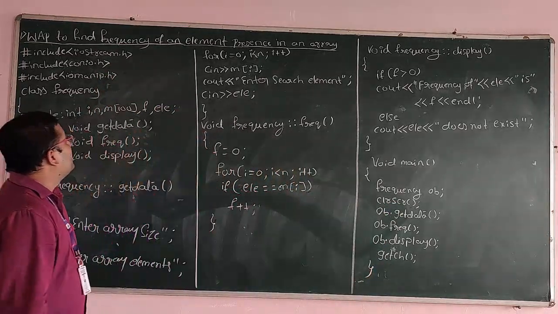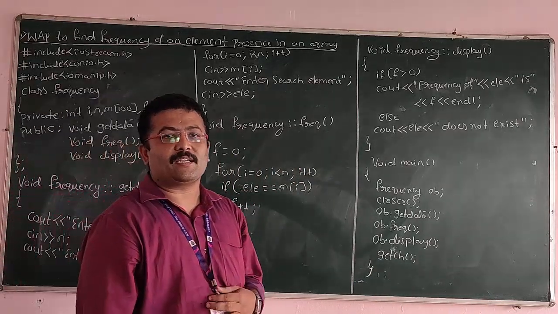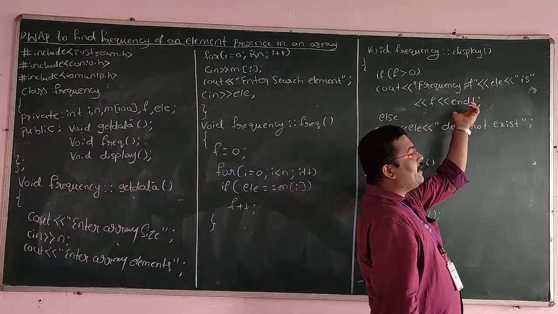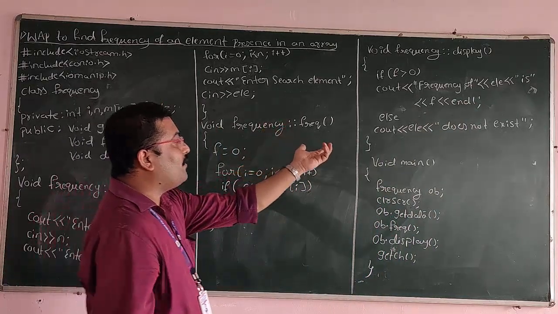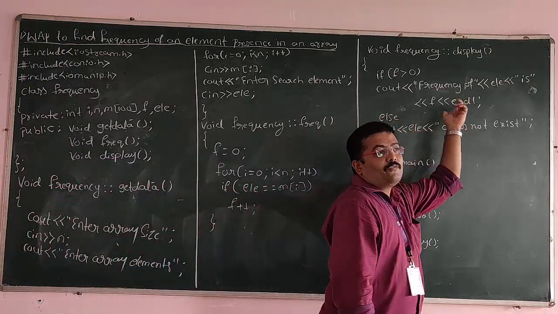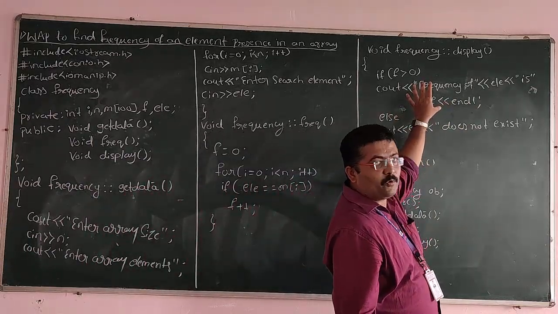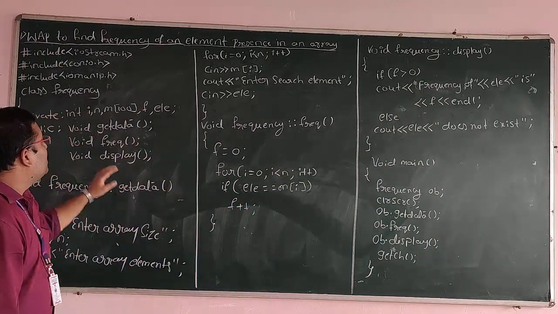The header file iomanip.h is used for the input output manipulators. I am using the endl statement as a manipulator, which is used for the new line. After printing the output, it will come to the next line, so the endl statement is used.